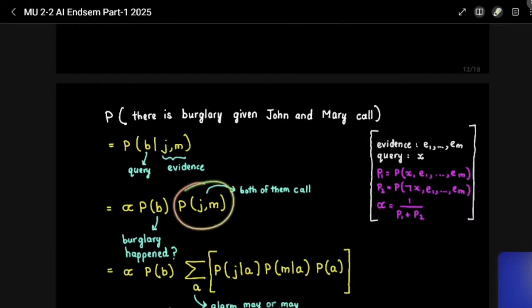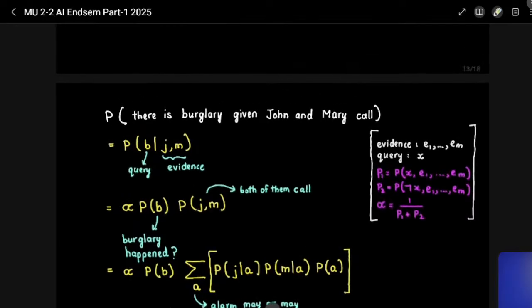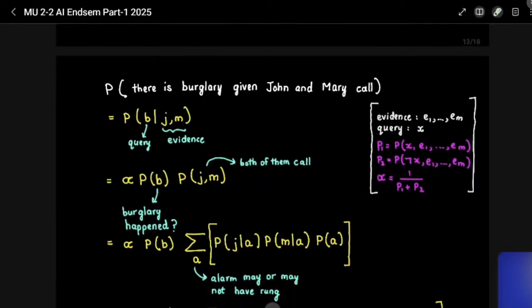And John calling and Mary calling, they are conditionally independent. John is calling, Mary is calling, right? It's not like they are dependent on each other. John can call whenever he wants, Mary can call whenever she wants, but both of them are calling here.